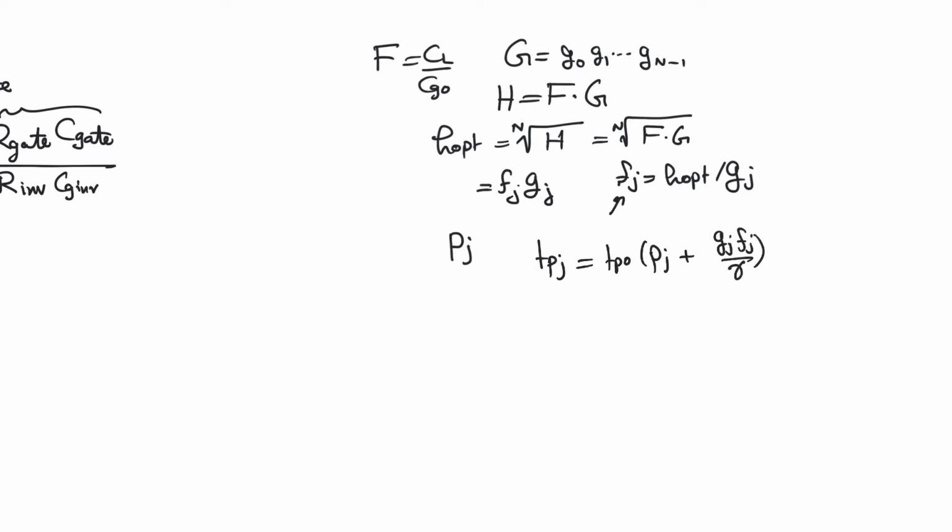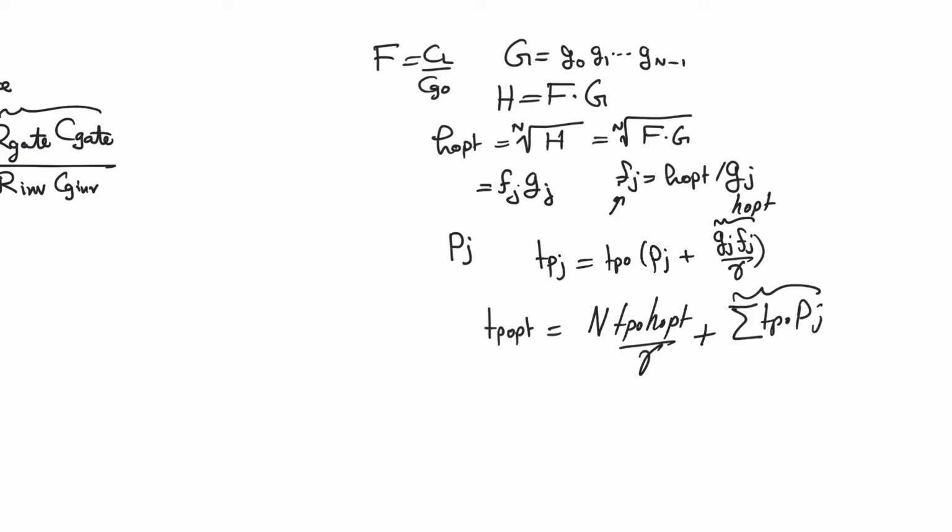Now, once we have finished optimization, we actually find that the product Gj times Fj is equal to a constant called H optimal. So Tp optimal, the total delay for all the stages when they are summed up, is going to be equal to n Tp naught times H optimal over gamma, plus some term which is going to be equal to the summation of Tp naught Pj.